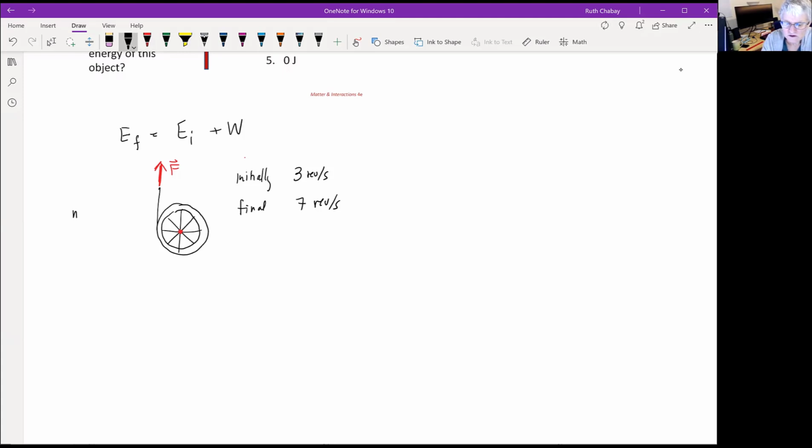The mass of this thing is 3 kilograms, and its radius is 0.4 meters. How much work was done?